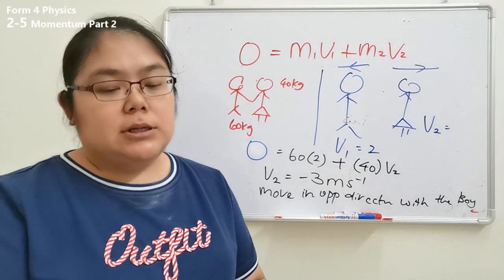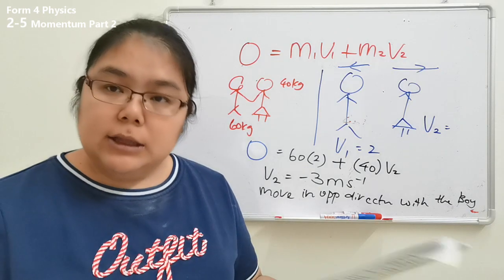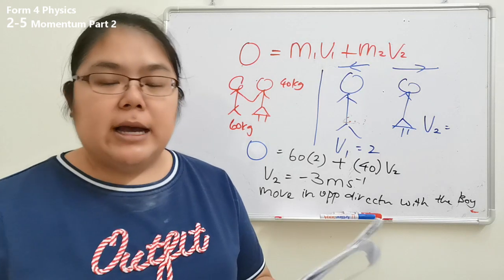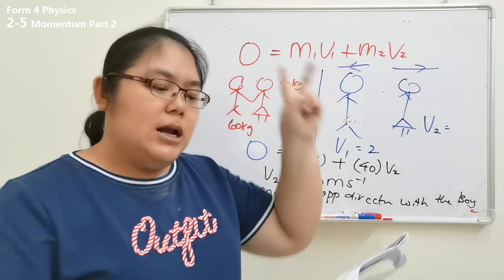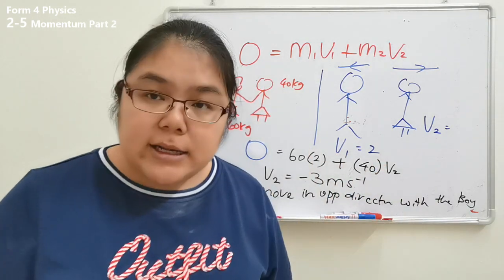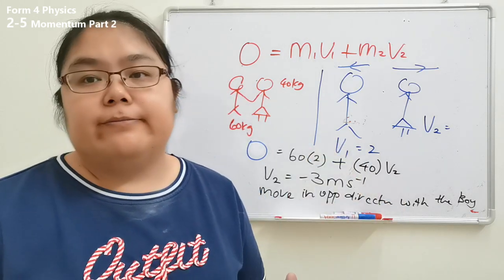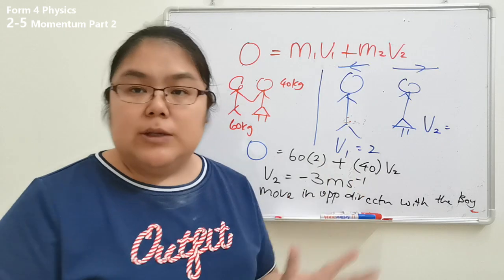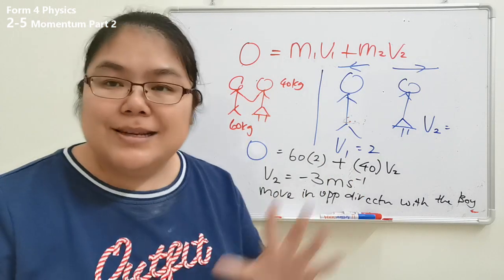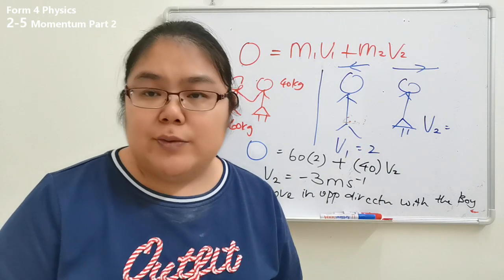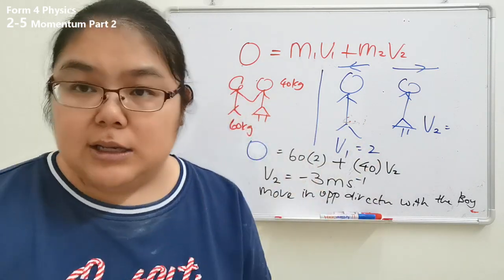Momentum is a concept. Don't care whether you hit and stick together, or you hit and separate, the momentum should be conserved. Number 2, the total energy is also conserved. And one more, the mass cannot change. The mass before and after sure cannot change. So now we got 3 similarities.